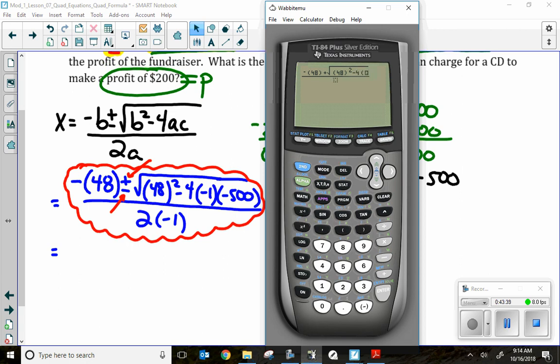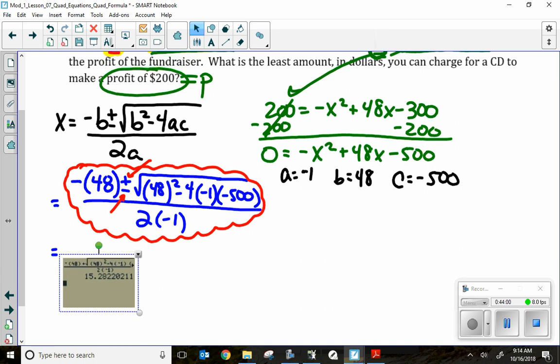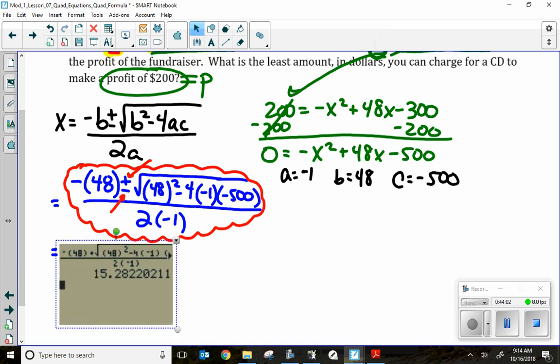Then I have in parentheses negative 1. Then I have in parentheses negative 500. Wow. All over 2 times negative 1. That's a lot to type. So I hit enter. In my first answer, I'll bring that right here. That's one of them. That's when I have the plus in between.